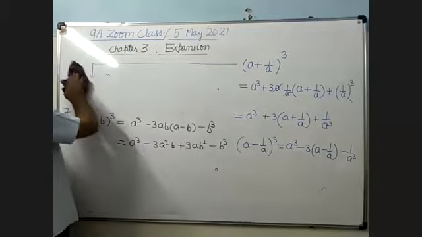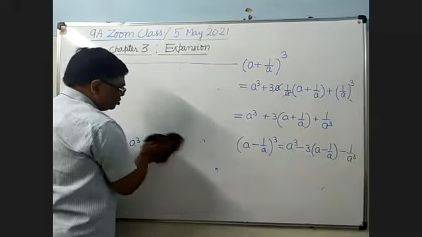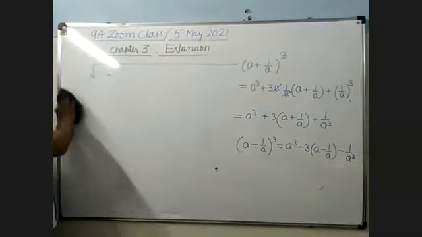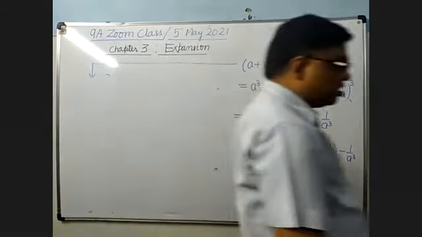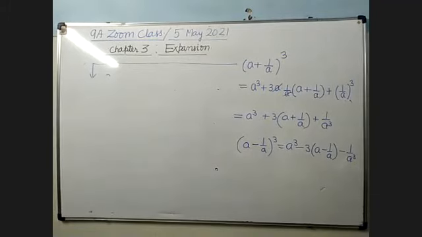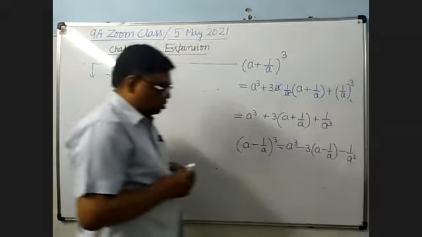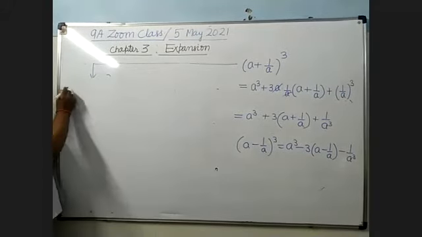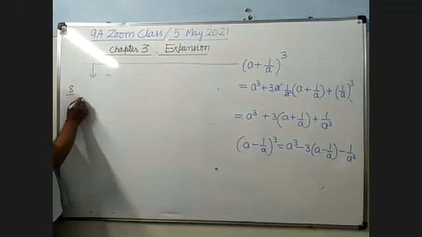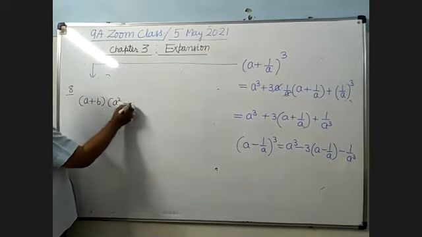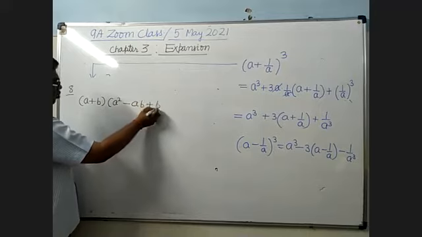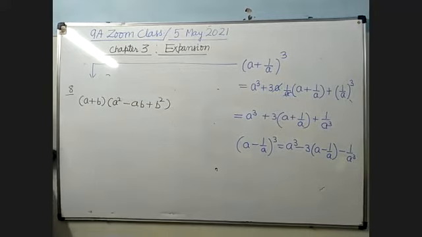Now see here, there is one more type of special product. You can see this is 8. a plus b into a square minus ab plus b square. a plus b in one bracket, in the other a square minus ab plus b square.